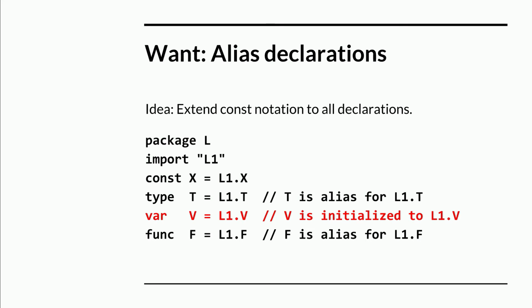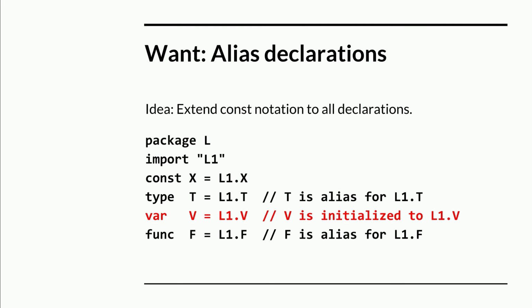It just has a different name. And borrowing from the constant notation, it would be nice if we could do something like this for all objects that we have in a package: constants, types, variables, and functions. And it almost works, except for variables, where this syntax already has a different meaning.